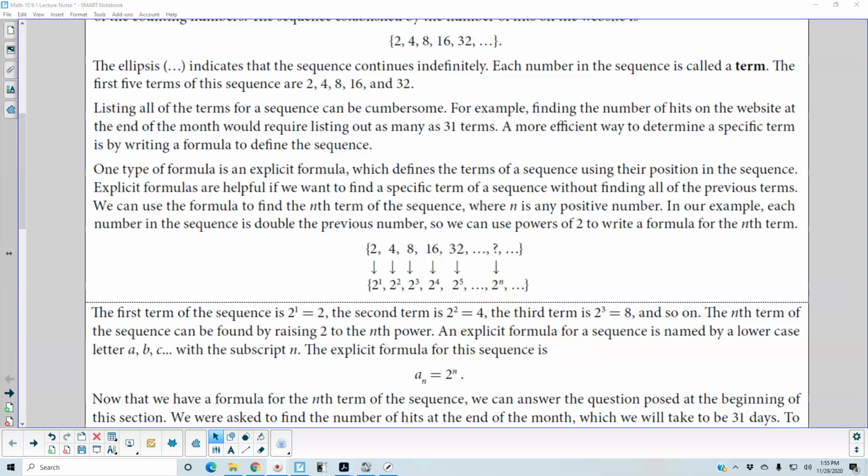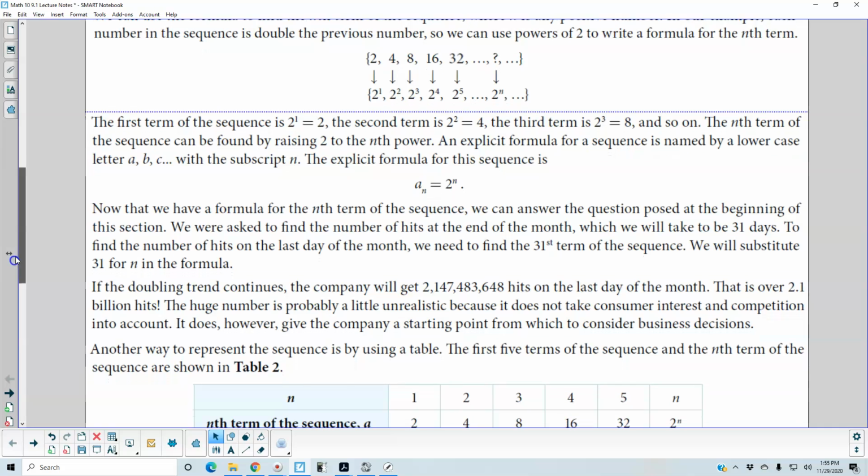An explicit formula for a sequence is named by a lowercase letter a, b, or c with the subscript n. So the explicit formula for this sequence is a subscript n, which is equal to 2 to the nth power. Now that we have a formula for the nth term of the sequence, we can answer the question posed at the beginning of this section.